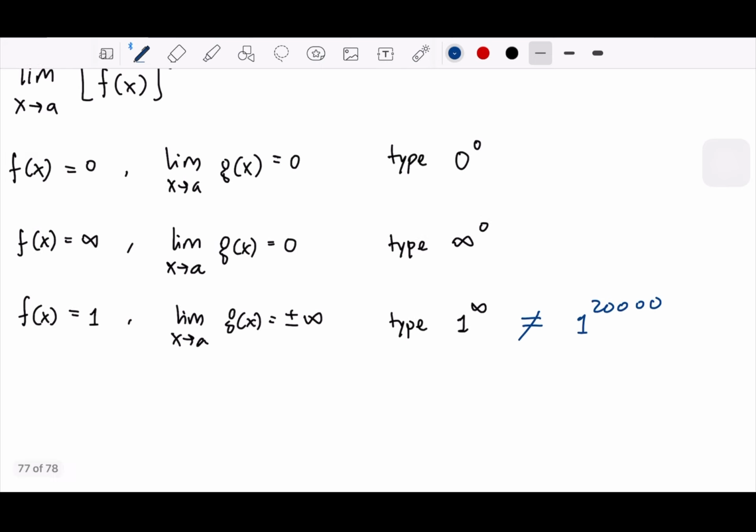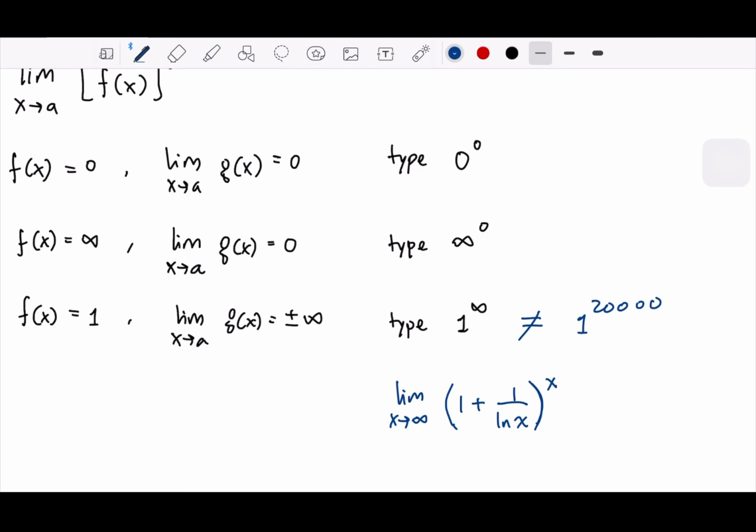Something like a limit as x approaches infinity of 1 plus 1 over ln x, with the power of x. If you look at this form, this is precisely the form of 1 to the power of infinity. But because we have infinity in the power, it becomes indeterminate.